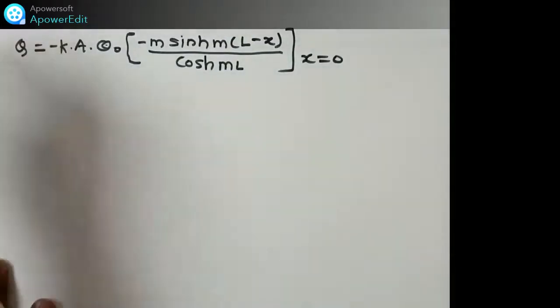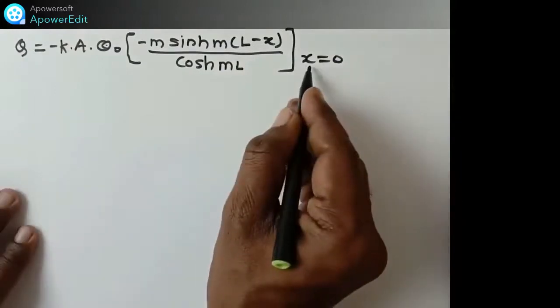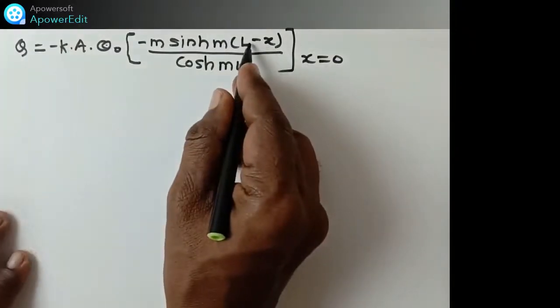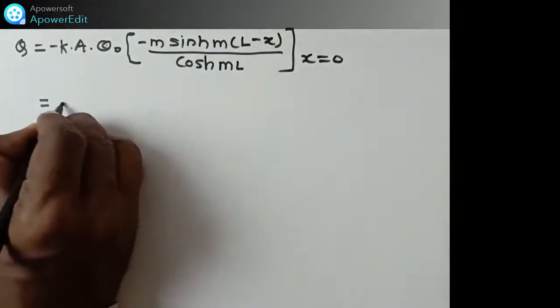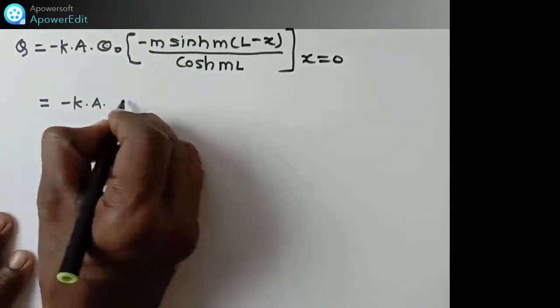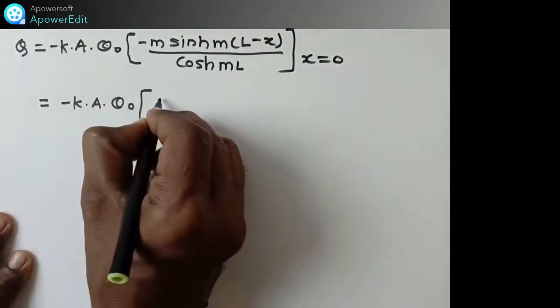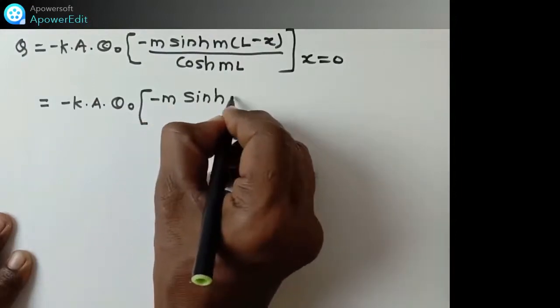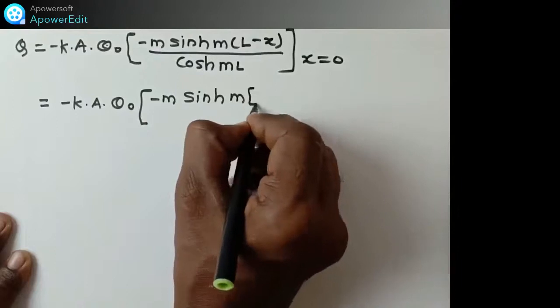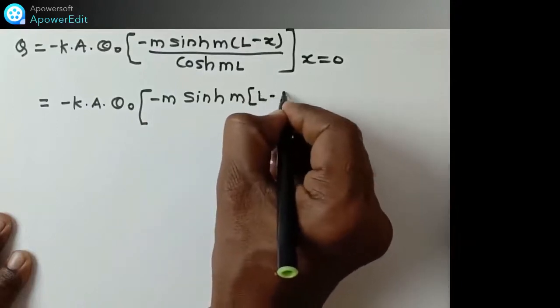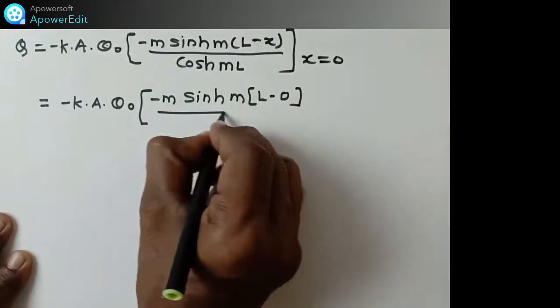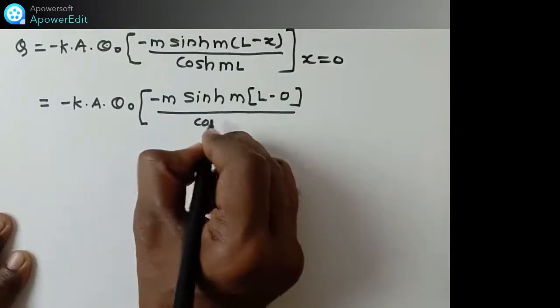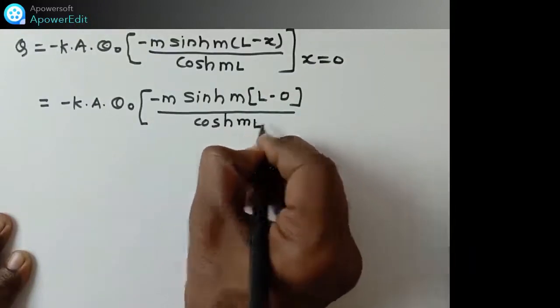Okay, now we have to put x is equal to 0 here. So minus k into a into theta 0 bracket minus m sin h m l minus x, value is 0, divided by cos h m l.